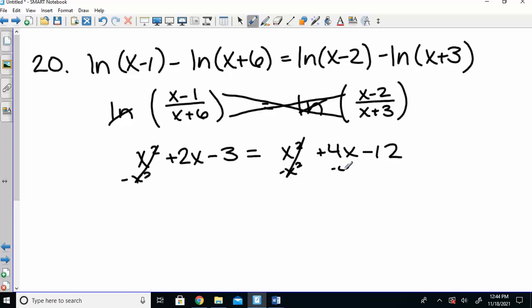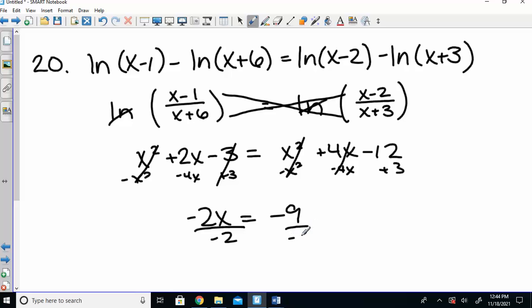So we can get all of our x's together. So if I subtract over my 4x and add over my 3, negative 2x equals negative 9, divide by negative 2, so x equals 9 over 2, or 4.5. We have to check, make sure when you plug that in, 4.5 minus 1, plus 6, minus 2, plus 3, all of those are positive, so it's okay.